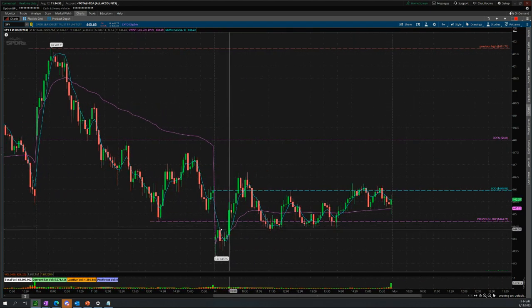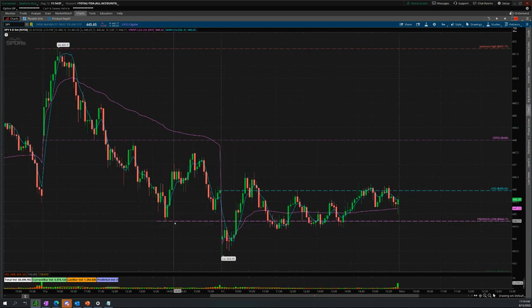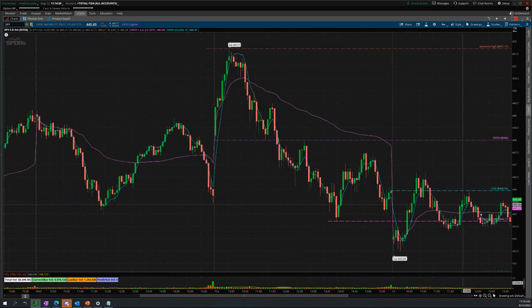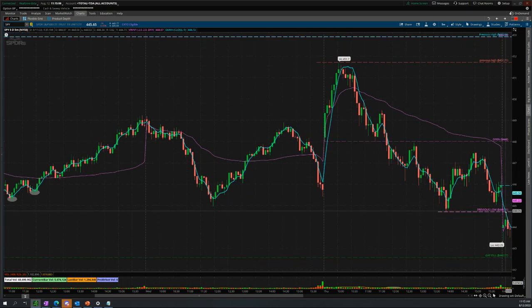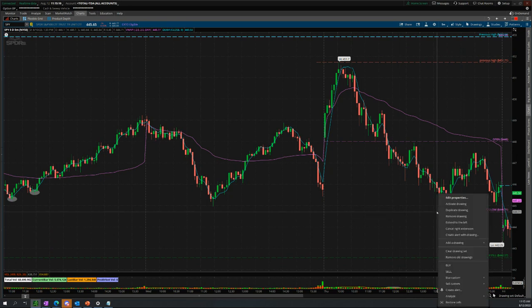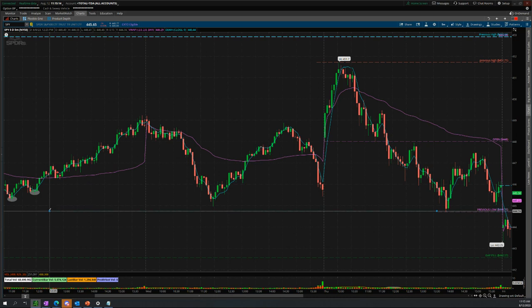But check this out. What's very cool about this day, right? Usually when price opens below previous day low, and it looks very bearish, you can usually get a move to the downside. You're opening below previous day low, and this previous day low was literally demand the whole week.